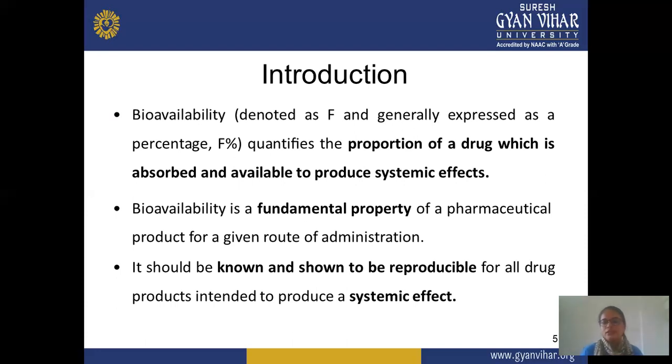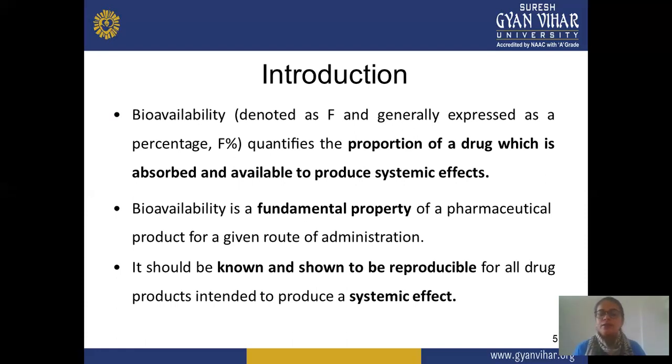You can also say it is a fundamental property according to the route of administration. It should be known and shown to be reproducible for all drug products intended to produce a systemic effect. That means all types of drugs are required to produce a suitable and desired effect in the systemic circulation.